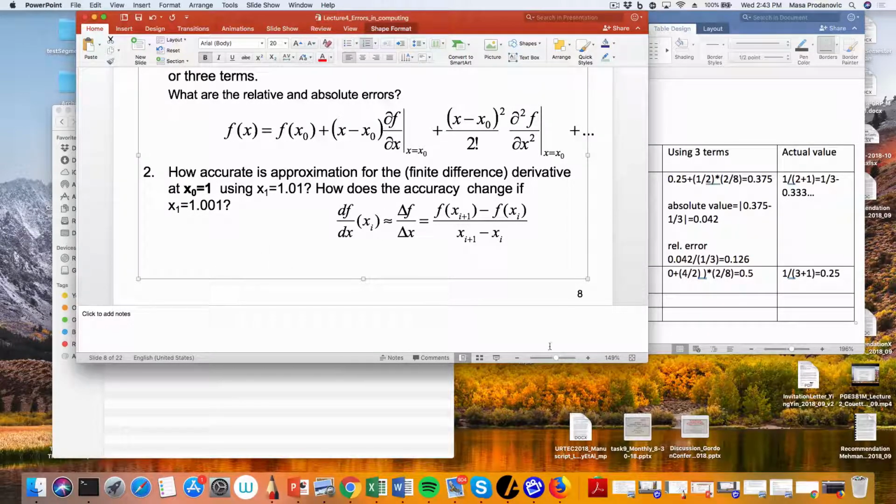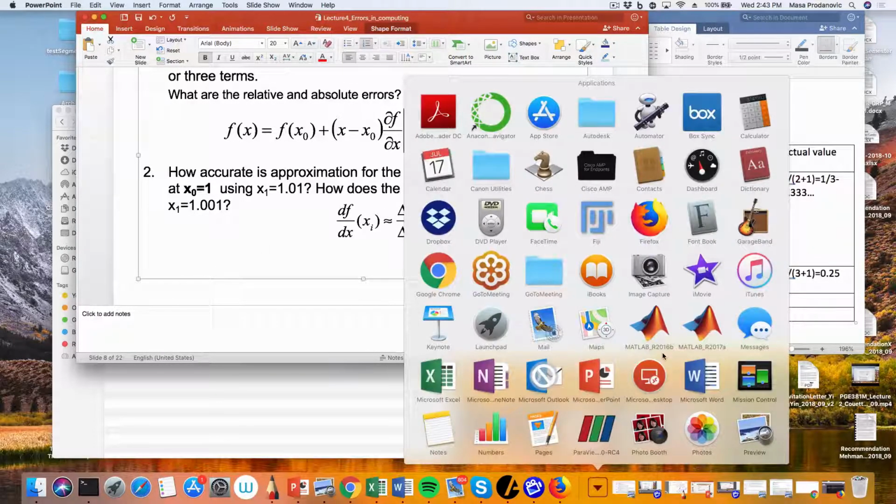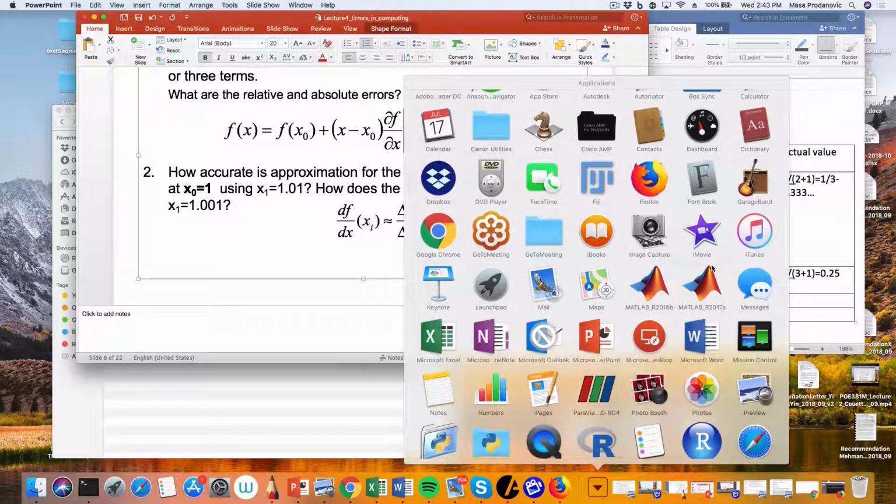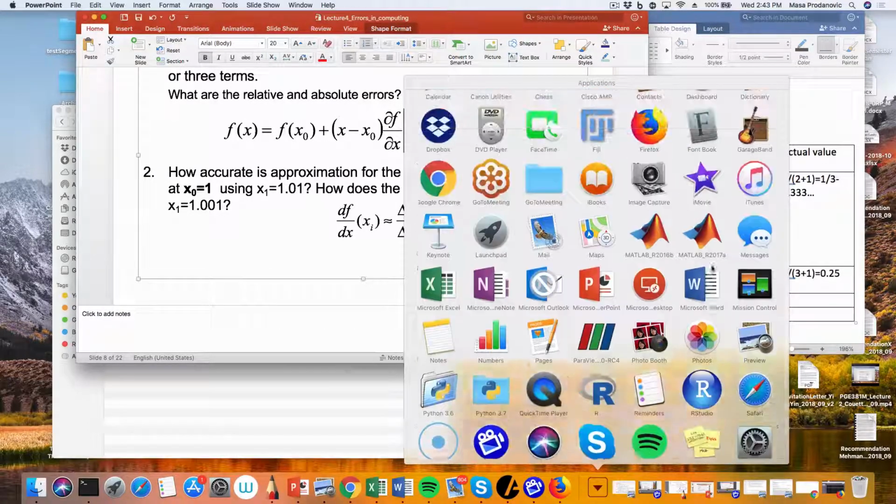I'm actually gonna use Jupyter Notebook as my calculator, because why not?